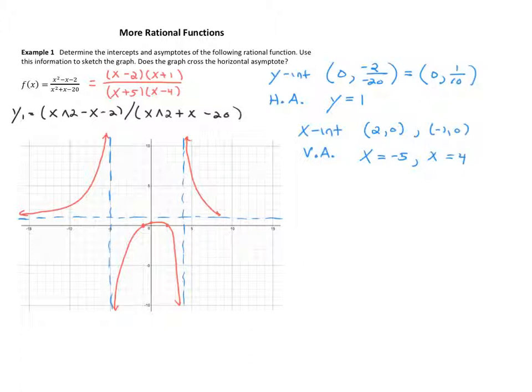There is one other thing to consider. Is it possible that the graph could cross over the horizontal asymptote? The horizontal asymptote is y is equal to 1. And the way I'm going to figure that out is by taking this function, setting it equal to 1, and solving for x.